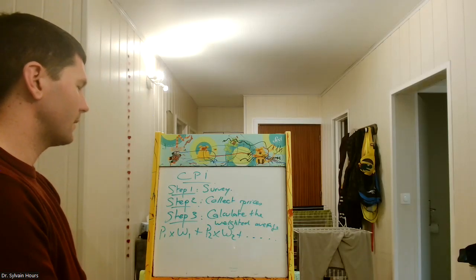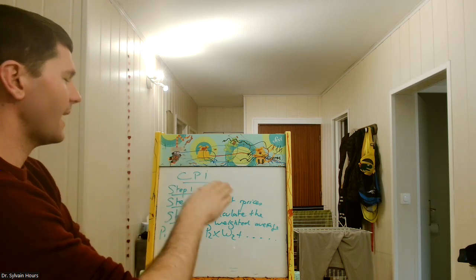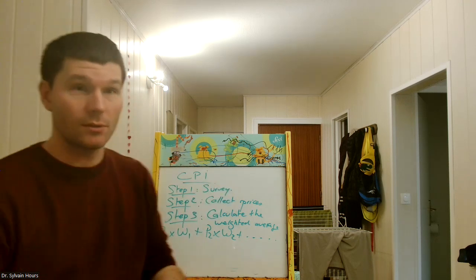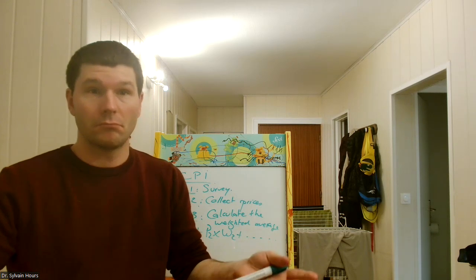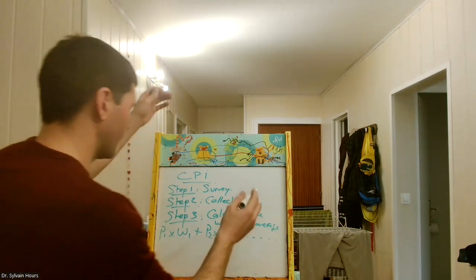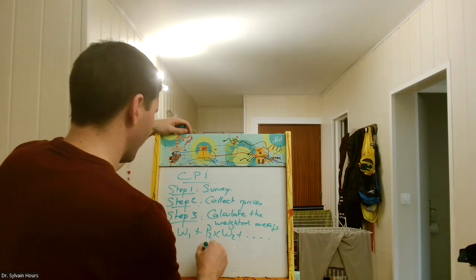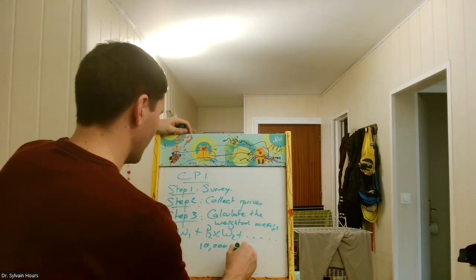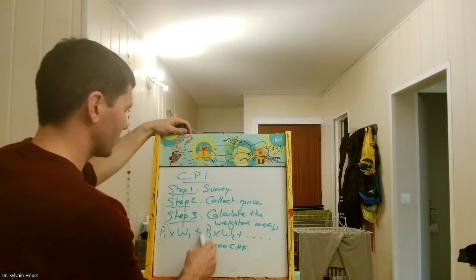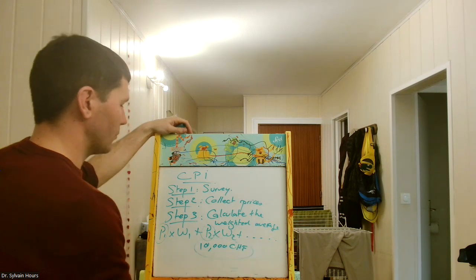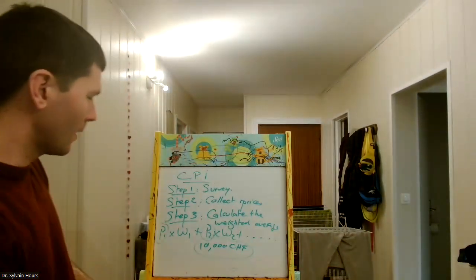Once we have calculated this average, it's going to be of a certain value, something like 10,000 francs. Because the prices are expressed in francs, the weighted average of this market basket is going to be 10,000 francs.